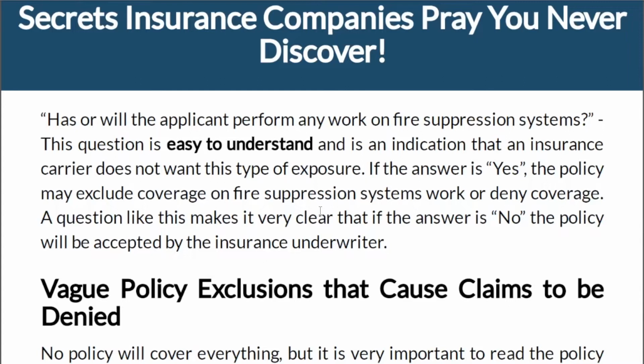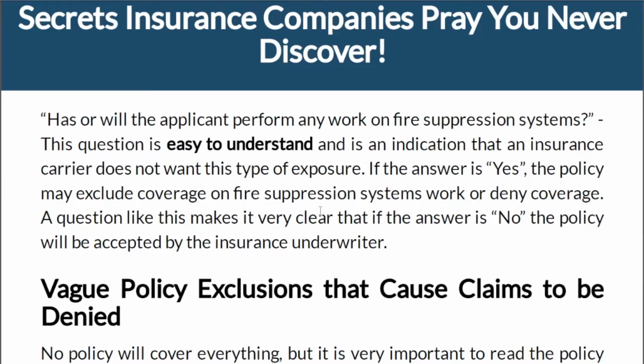They won't cover you for that. That's against their guidelines. If you answer yes, the policy may exclude coverage on fire suppression systems work or deny coverage. A question like this makes it very clear that if you answer no, the policy will be accepted by the insurance underwriter. So these are very, very key, and very easy to understand.